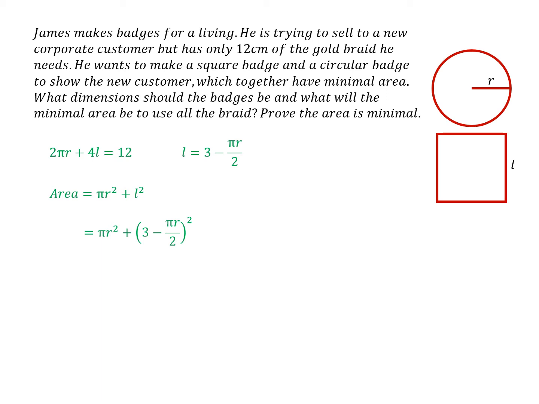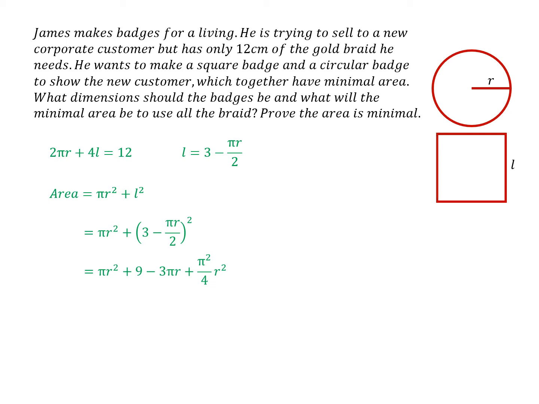When I do that, this is the revised expression for the area, which has only one variable in it now, so that's good. Pi is not a variable, pi is just a number. Before I can differentiate, I'll multiply the brackets out, which gives me this, and then I'm in a position that I can differentiate.